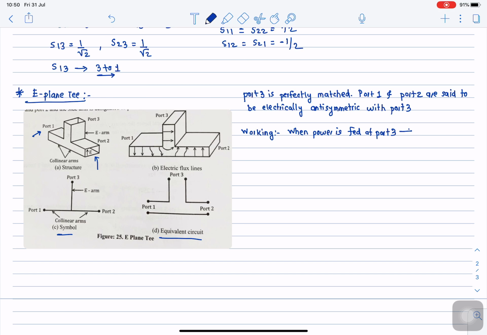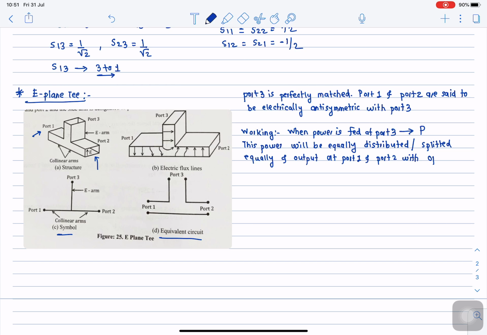Let us say this power is denoted by P. This power will be equally distributed, or split equally, and it will be output at port 1 and at port 2 with opposite sign. This is very important: with opposite sign.